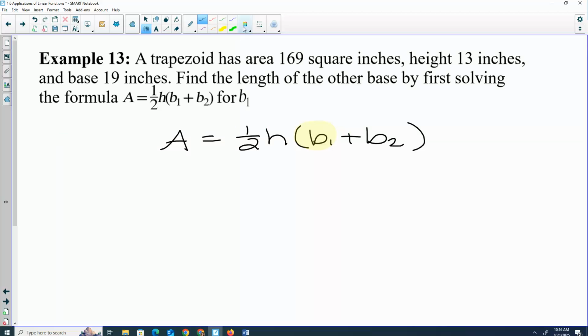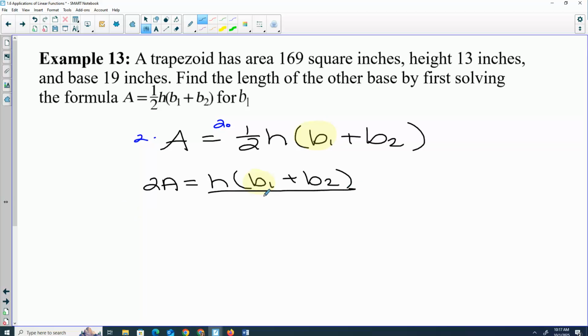We have this 1/2 in front. How would I get rid of the 1/2? Okay. Multiply by the reciprocal, which is just 2. So if I multiply by 2 on each side, we have 2A equals h times B1 plus B2. Trying to get to B1. You have two options. You can either distribute the h, or I could go ahead and move the h to the other side.